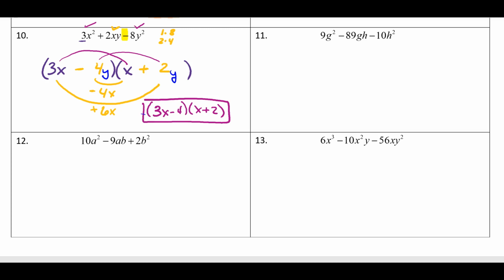So if you gave me this answer on your test, it would be wrong. So what that means is we need to actually include 3x minus 4y times x plus 2y. Okay, so that's going to be our answer to number 10. You cannot forget that y. It's very, very important. Okay, so I want you to try number 11.